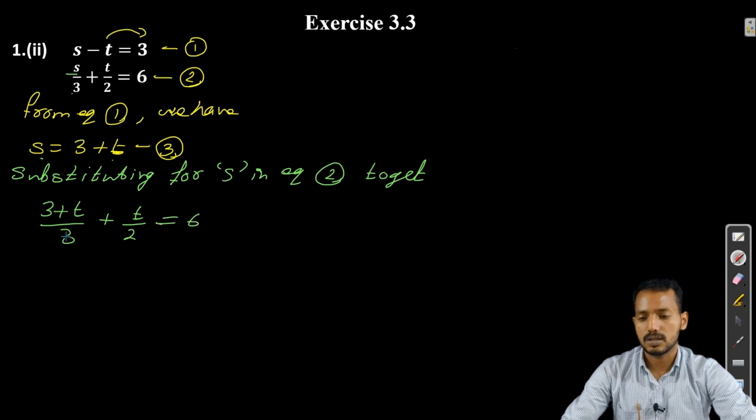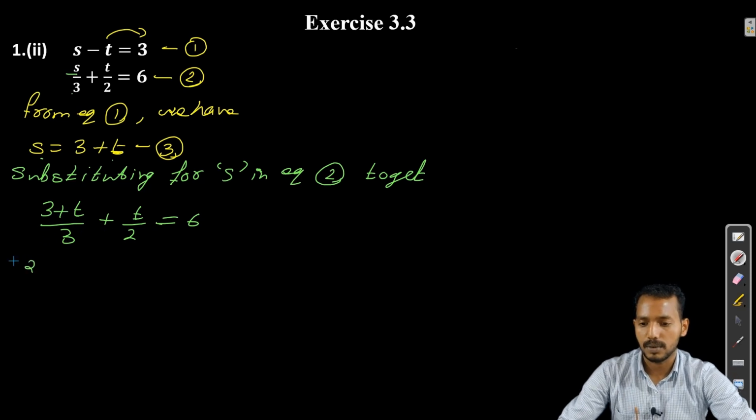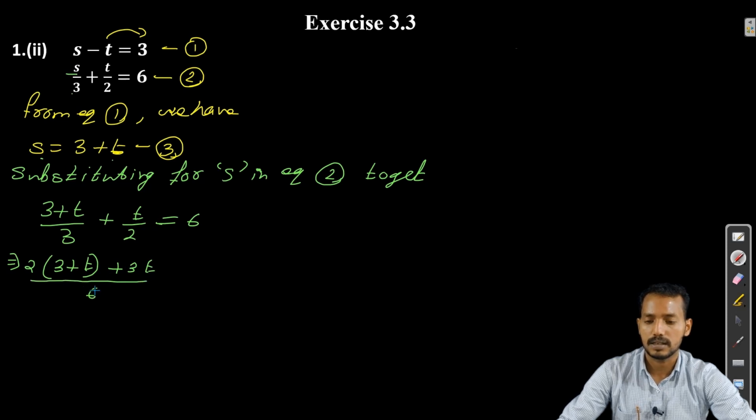Now as it consists of fractions, take the LCM. So what we get here: we multiply by 2, so that implies 2 into (3 plus t) plus 3 into t, divided by 3 into 2, LCM is 6, which is equal to 6.